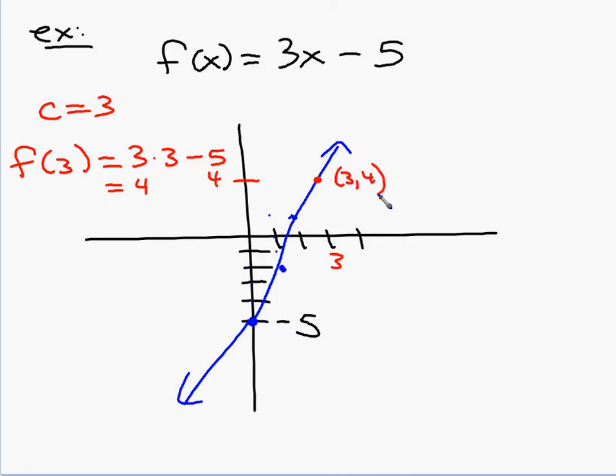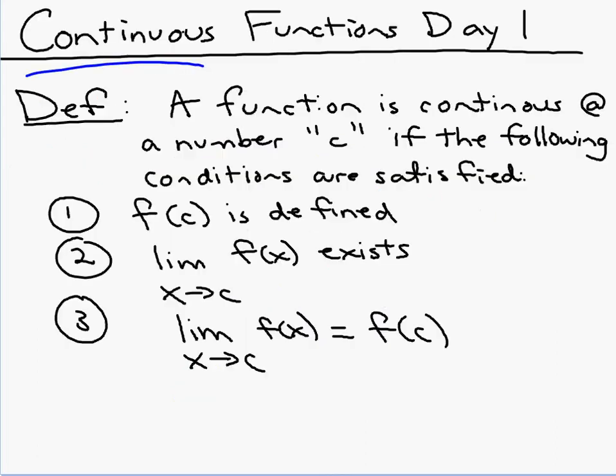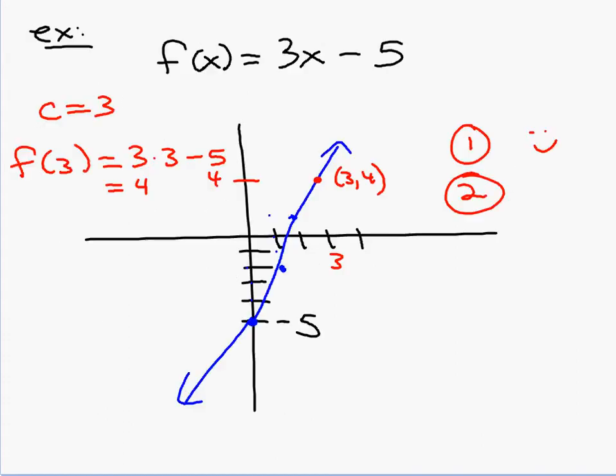So it meets condition number 1. How about number 2? The limit as we approach C must exist. So, how about the limit as x approaches 3? Does it exist? It does.